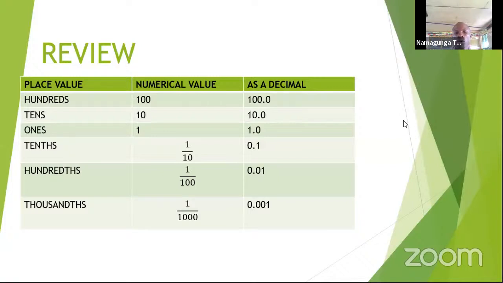Because we differentiate, we compare them, we said the place values of digits on the right of a decimal point are different from the place values of digits on the left of the decimal point.